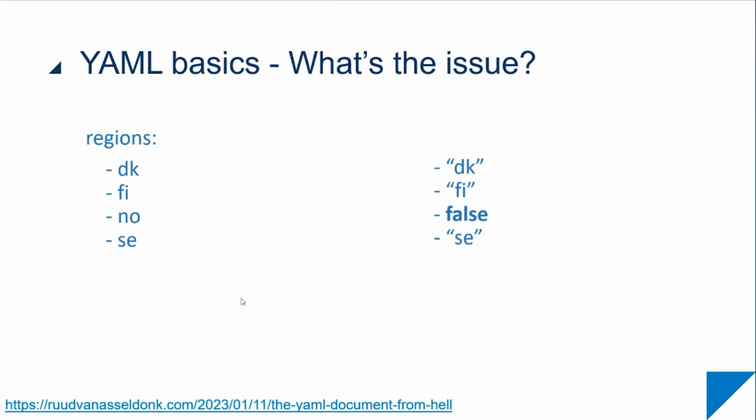These two examples came from, I think, someone from Belgium or the Netherlands, Ruud van Asselton, and he wrote a blog post about the YAML document from hell, and there are a few other scenarios in it where, if you don't define it explicitly, YAML will make a choice for you that you might not like.